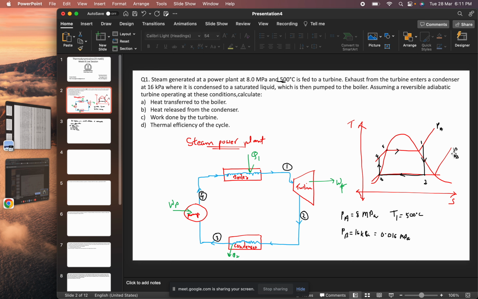Then at PB, that is at 0.016 megapascal, we will take these values. Just wait for some time.